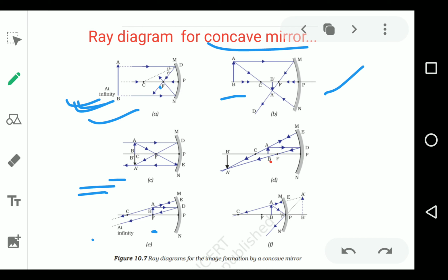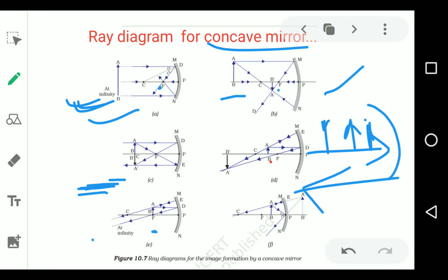Now let us see where the image will be formed.